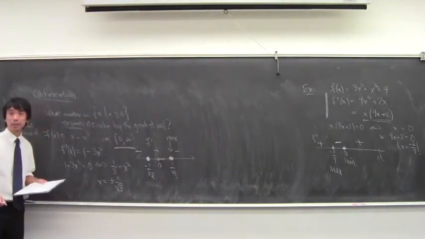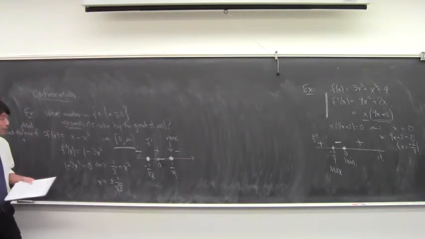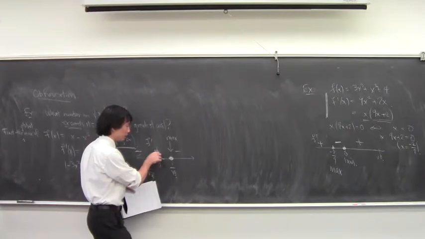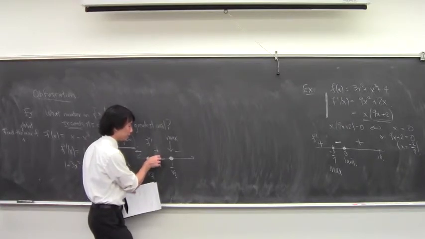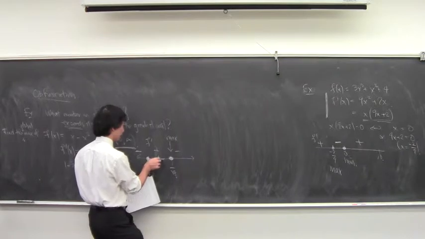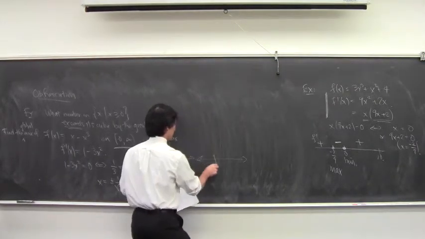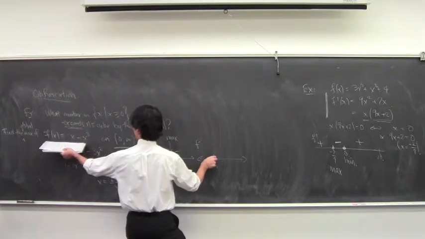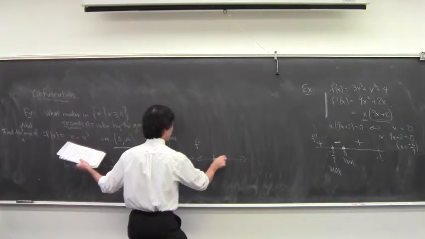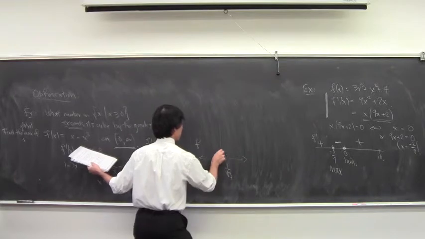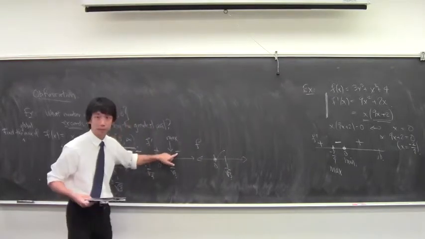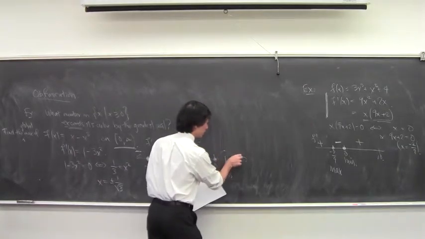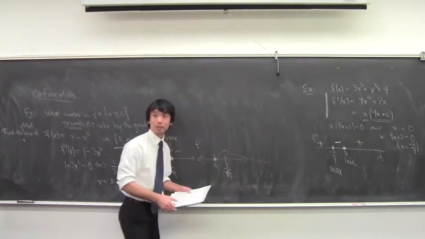Isn't that only a local max though? It's a local max, but what you see about the function is that it starts at some value here, 0 actually. The value of my function at 0 is 0, at this point it reaches some value, and after that it's always decreasing. So in fact, it's not just a local max, it's the global max.